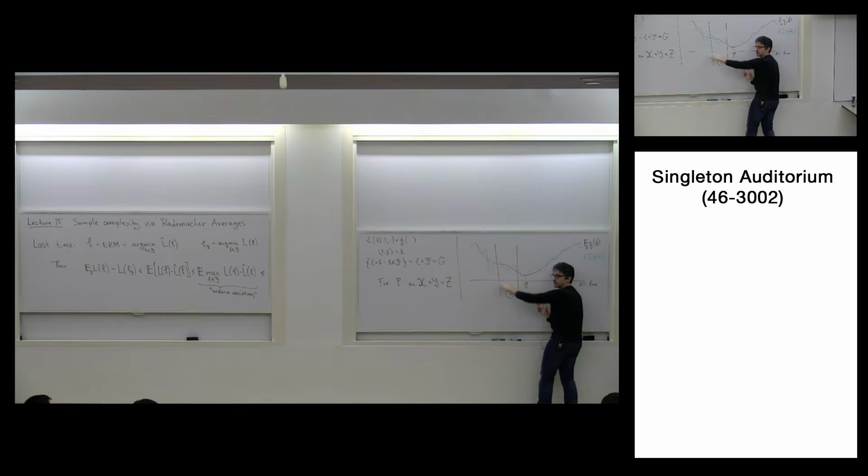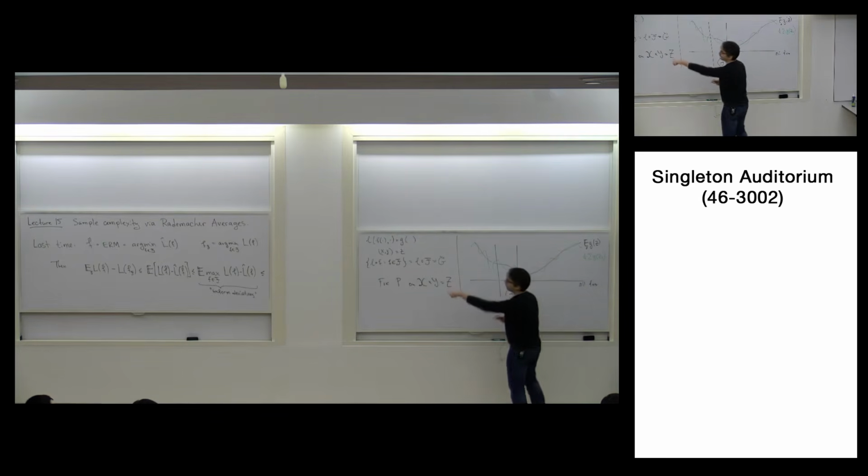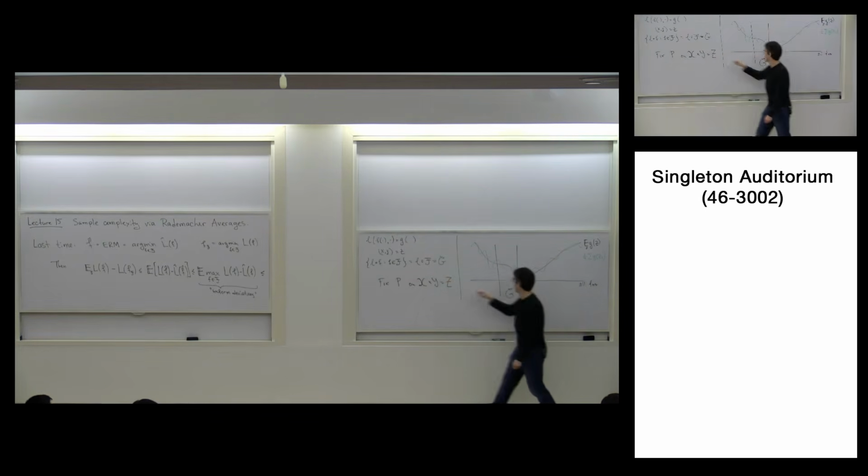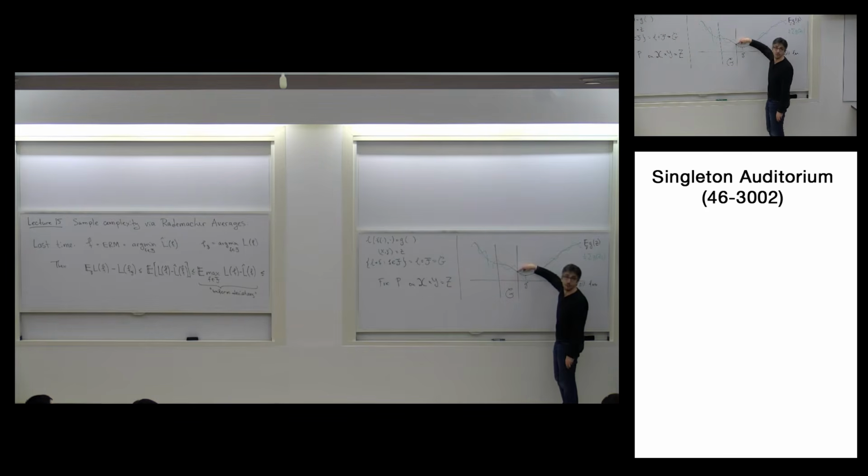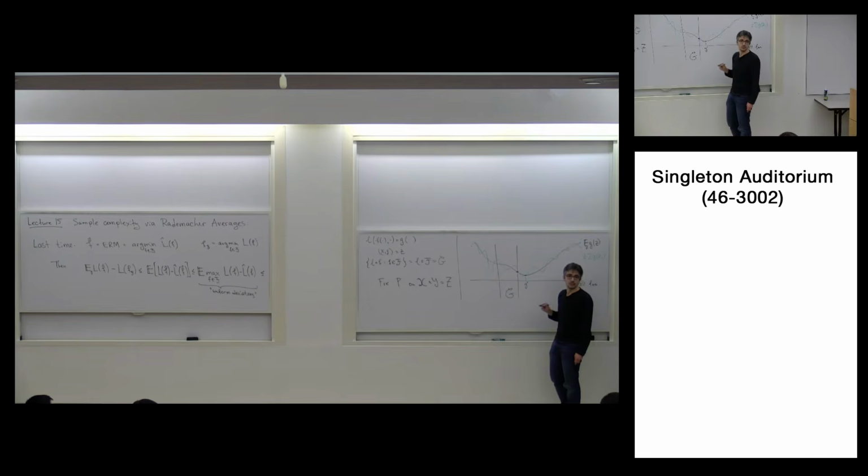Not in this x direction, but in the height direction, right? So this point, which maybe is the minimum, that's the f sub F, right? And this is the loss of f sub F. Hopefully that height is close to the best height possible. How do we do it?